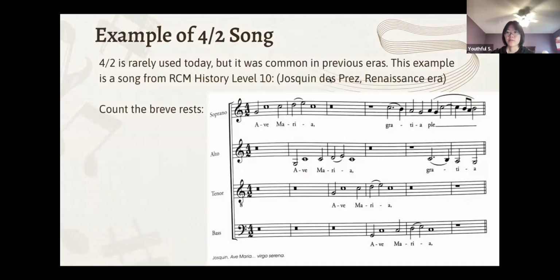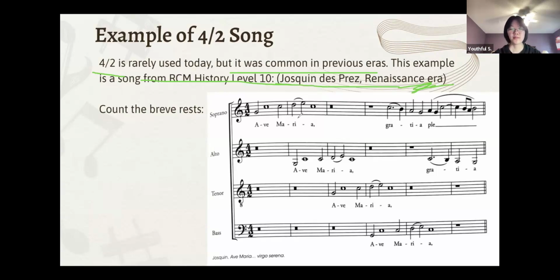So, an example of a 4/2 song. You've probably not seen any 4/2 songs, but it was common in previous eras, like the 1500s. This is an example from a song that you would study in history level 10, by an old guy from the Renaissance era.